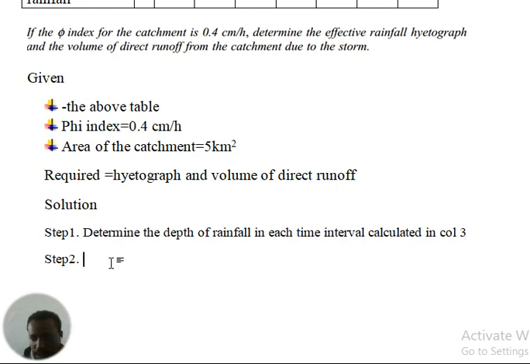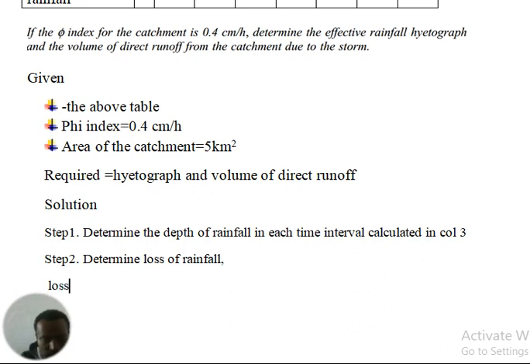Step 2: determine the loss of rainfall. That means find the phi index times the change in time interval.